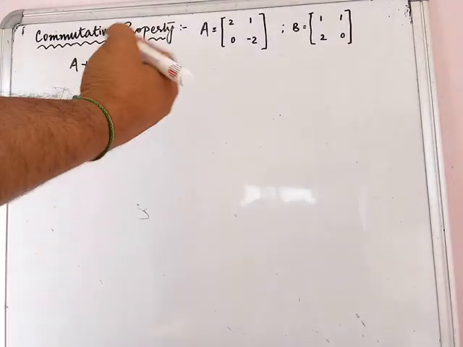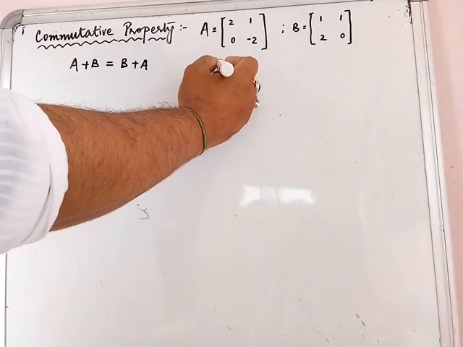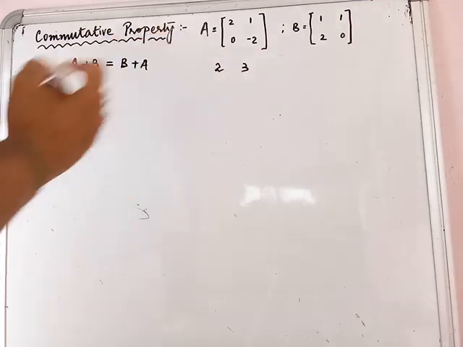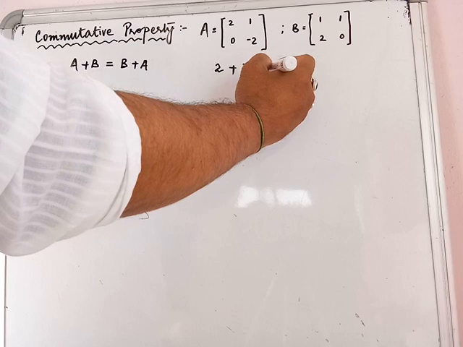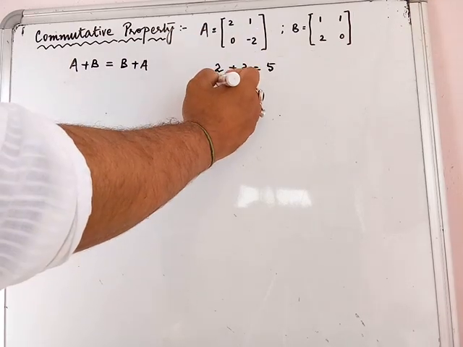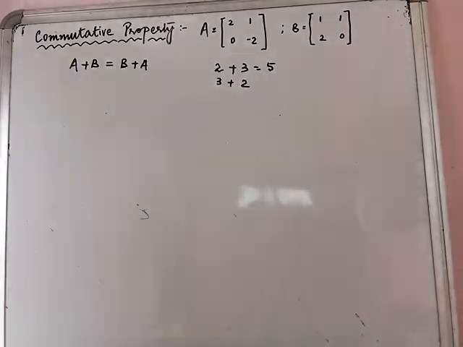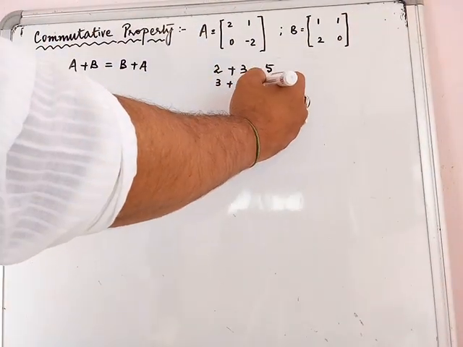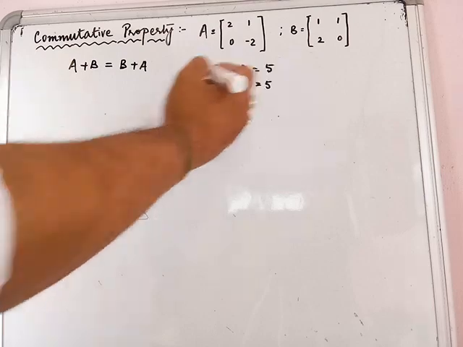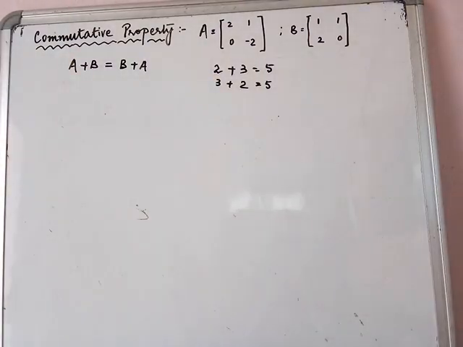Generally in mathematics, if you take two numbers 2 and 3, even if you add 2 plus 3, the answer would be 5, and even if you reverse that and write 3 plus 2, still the answer would be 5.